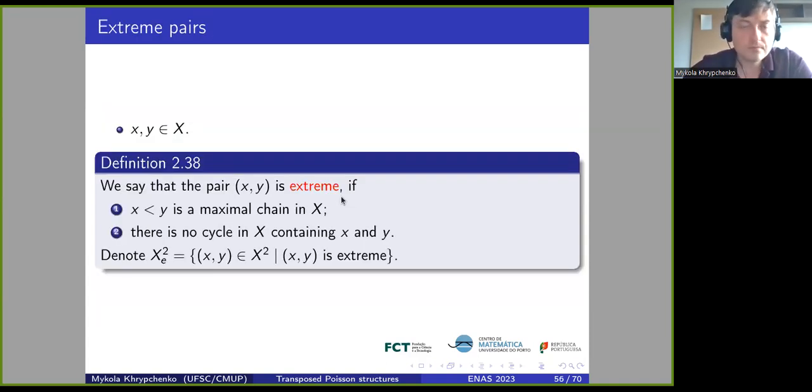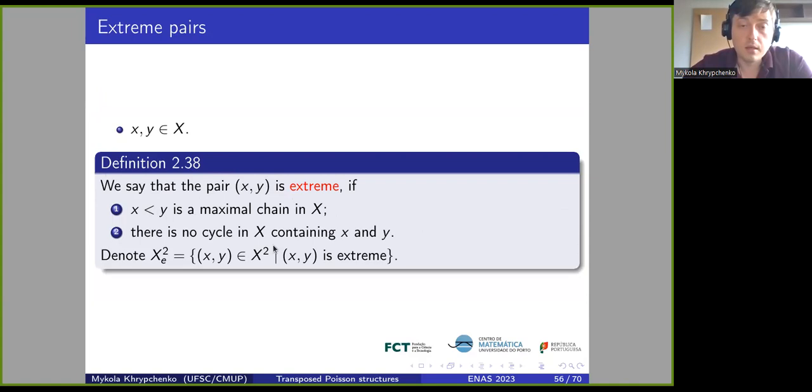Now, in fact, these are not all the TP structures that appear. We have also some structures which will be called lambda structures, and they are defined as follows. We have a pair of elements of X. I will call them extreme if they form a maximal chain. This means that x is minimal, y is maximal, and there is no element between them.